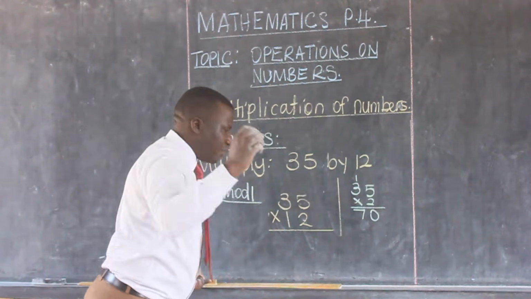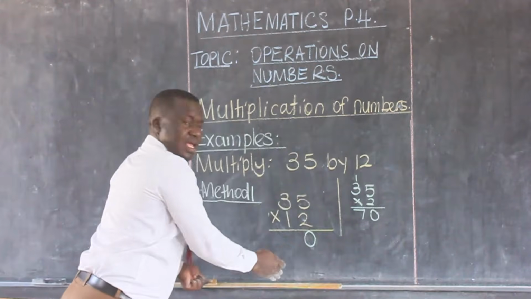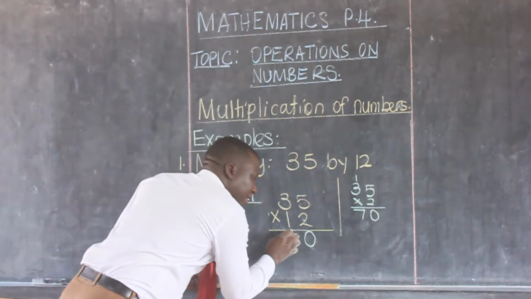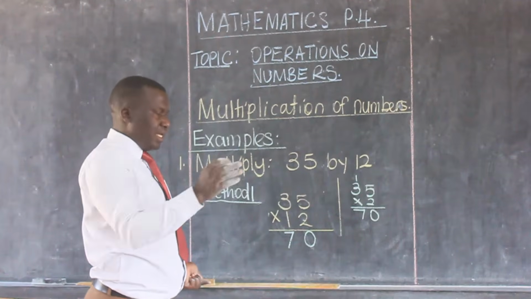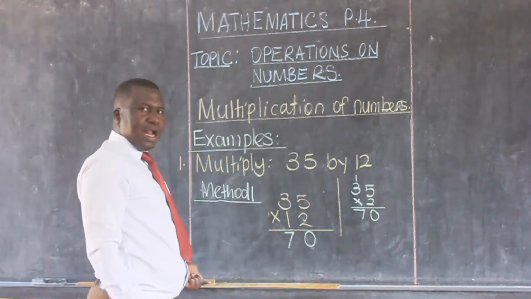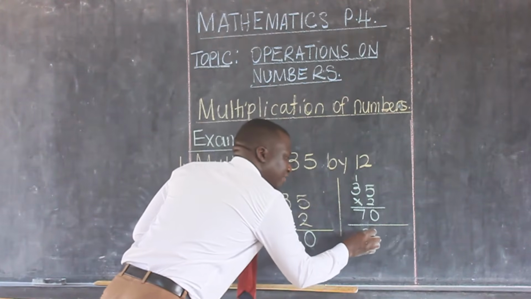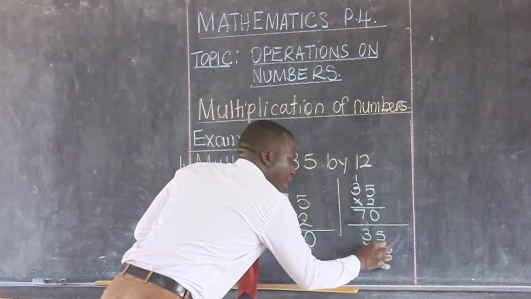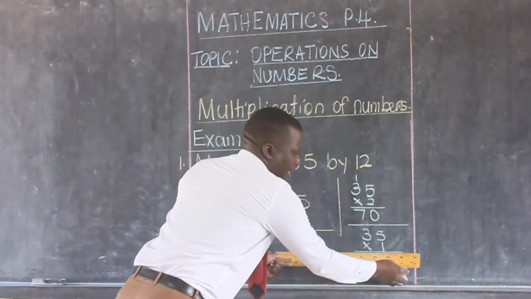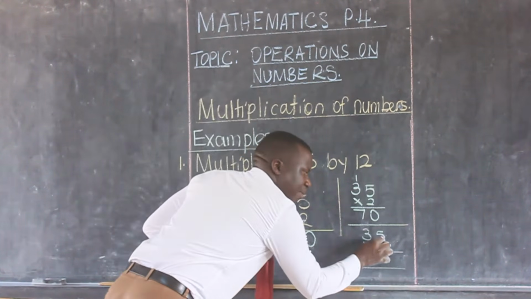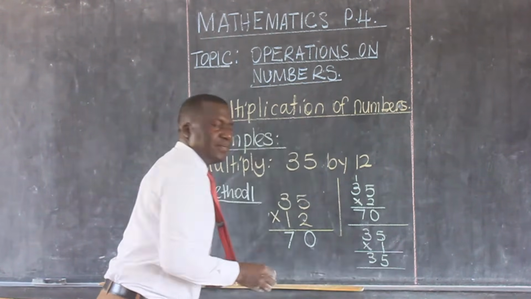So I'm going to come and write my 0 here under ones. Okay? Then I'll write my 7 here under tens. You have first of all multiplied 35 times 2 alone. Then next you are going to also multiply 35 times 1 times this one, and you will get 1 times 5, you get 5. 1 times 3, you get 3.